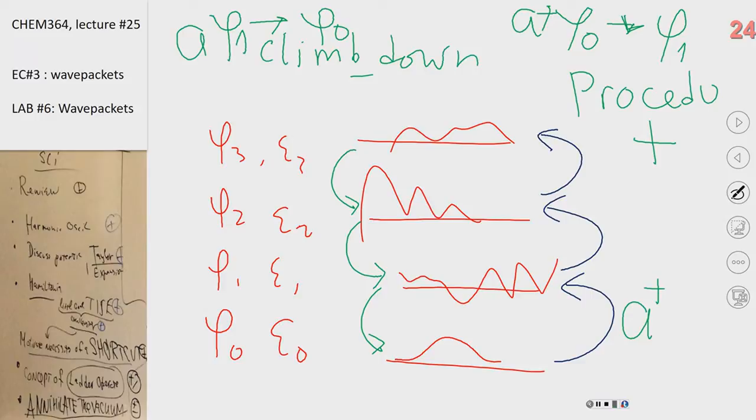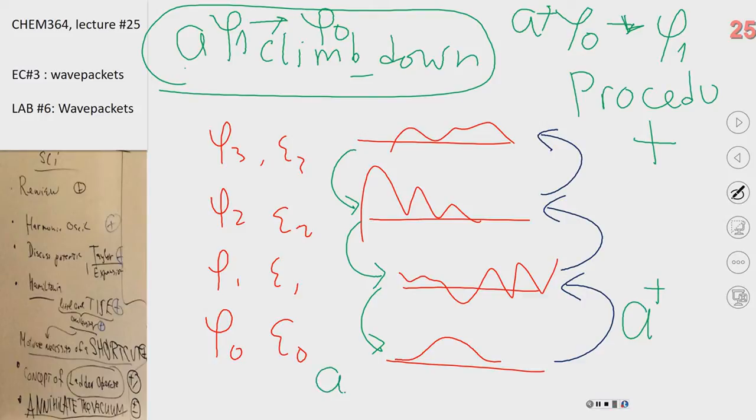No. It will be some injury, not normal. Convincing. Illustrated. Now, what if we apply this climb-down mathematical procedure to the lowest state, acting by A on psi 0? It will be injury. It will be something not normal.